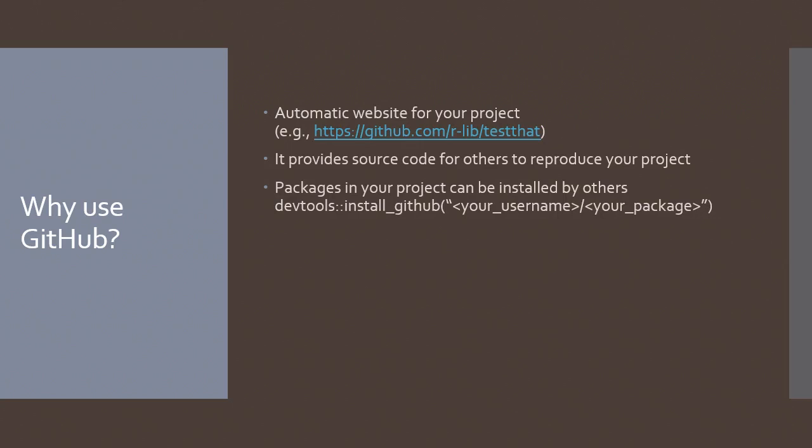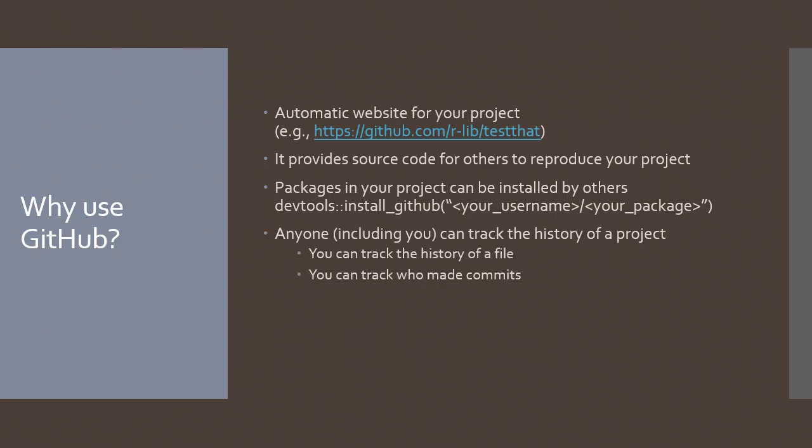I have done that for some classes in the past. I've created a package, put it on GitHub, and then students in my class who were using R were able to install this package and have additional tools for while they were in my course. Anyone, including you, can track the history of a project. You can track the history of a file.